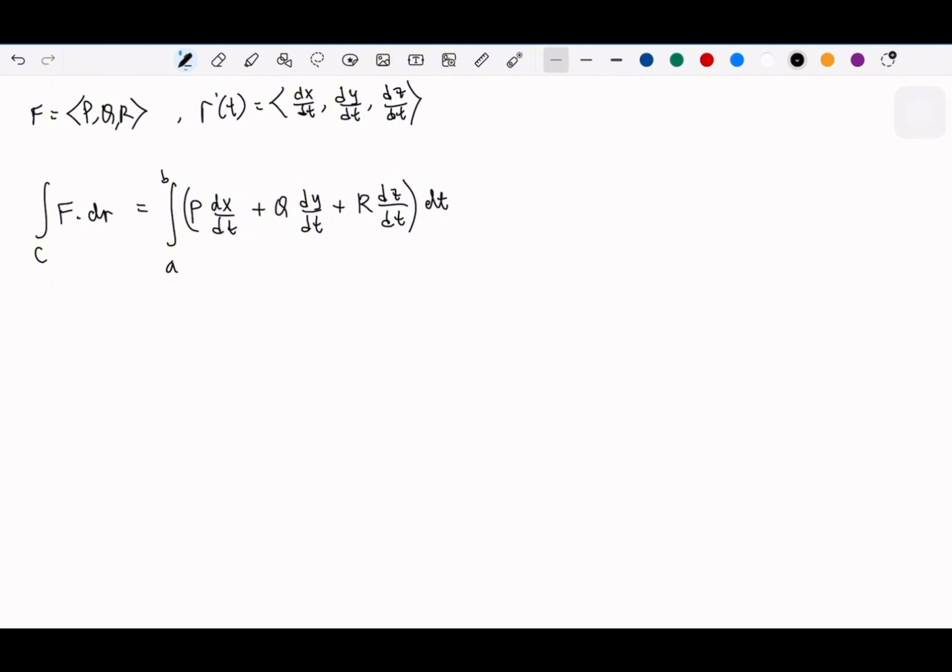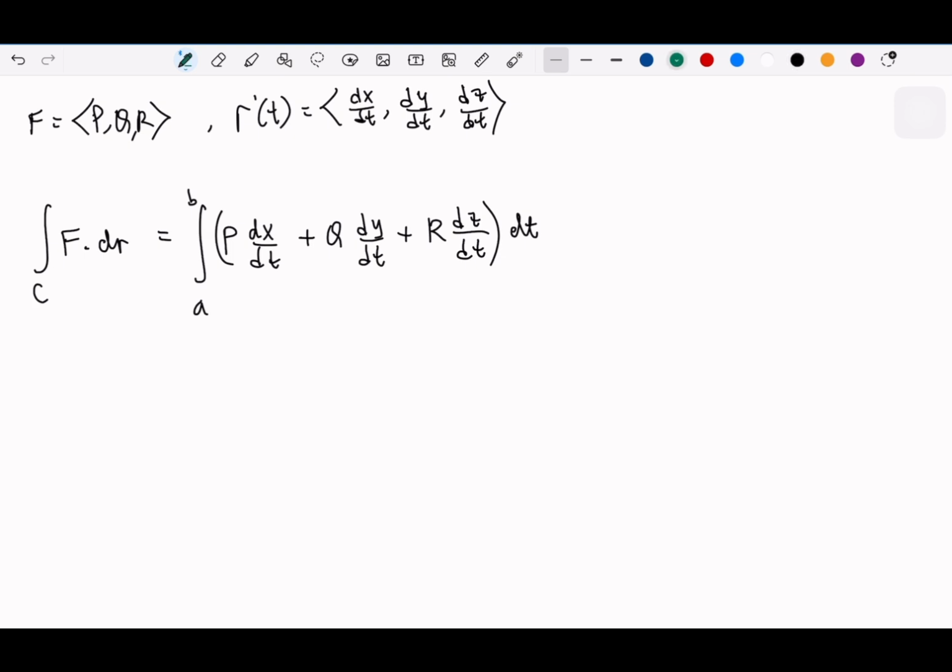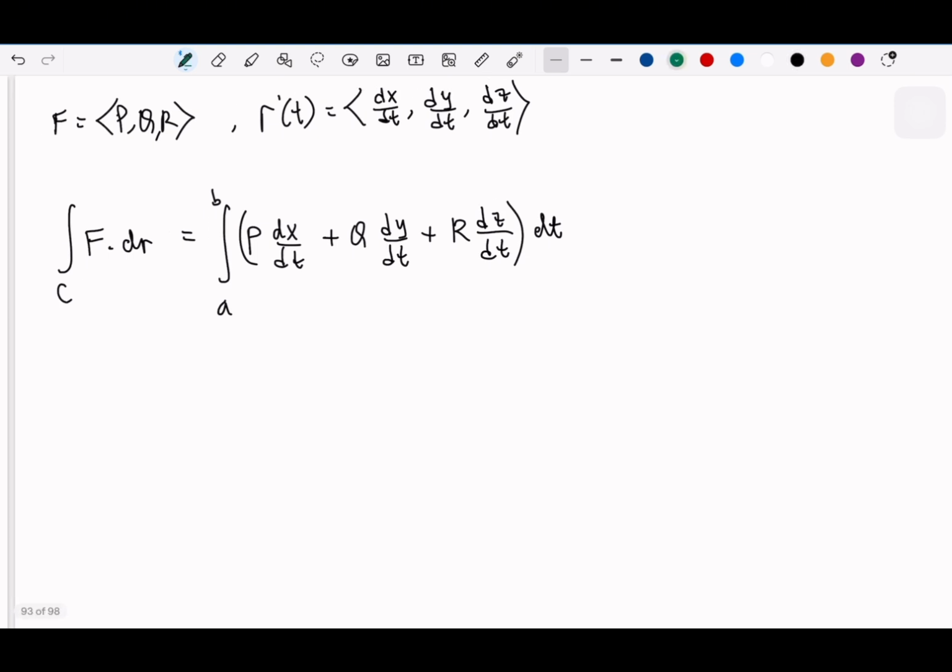Because we defined z as a function of two variables x and y, we are going to partially differentiate z with respect to x and y. So we are going to expand this dz/dt. For P and Q, they are still the same.